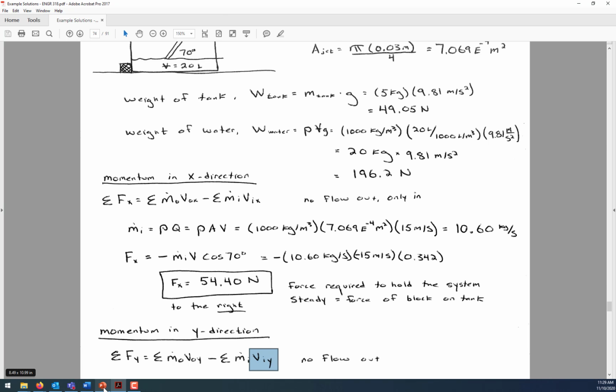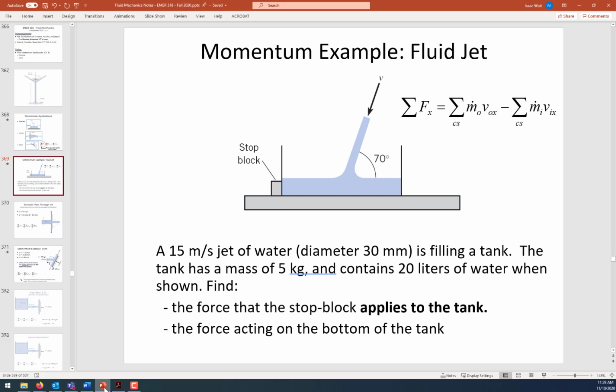All right, so I'll pause for a second here, give you a chance to find the overall force. What it's asking is not just for the force required to hold the system steady, but what's the overall force acting on the bottom of the tank. So it's going to be the sum of the jet impact force plus the tank mass and the weight of the water.